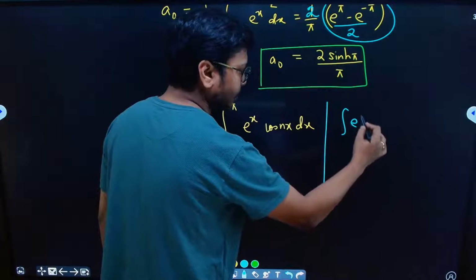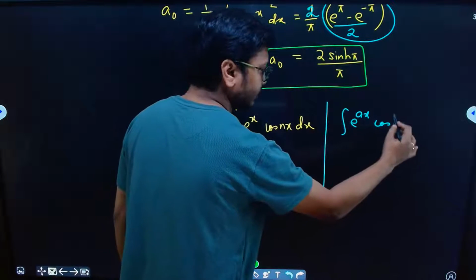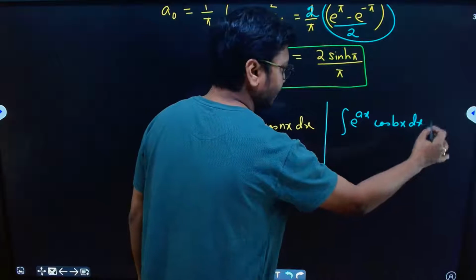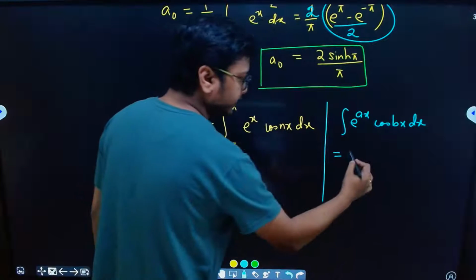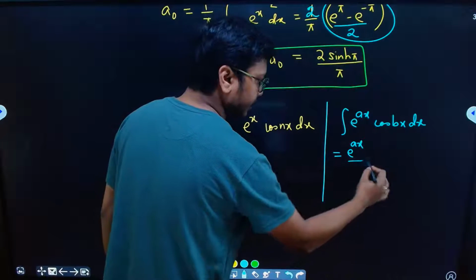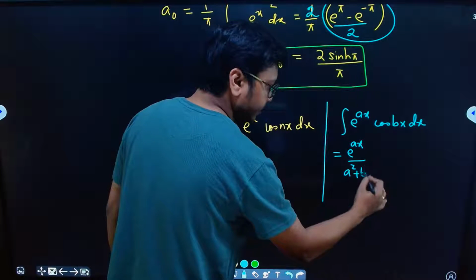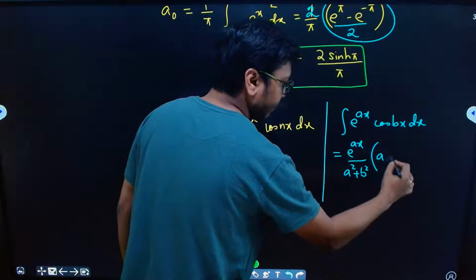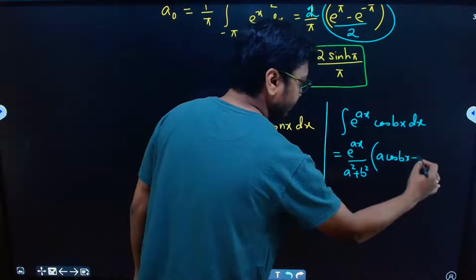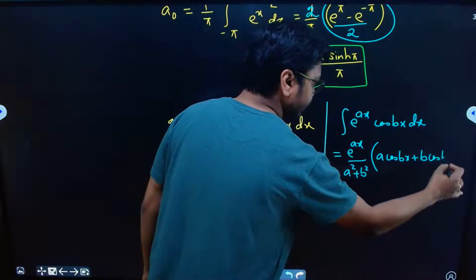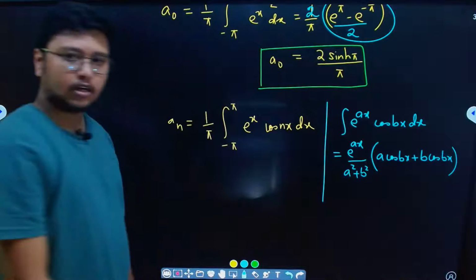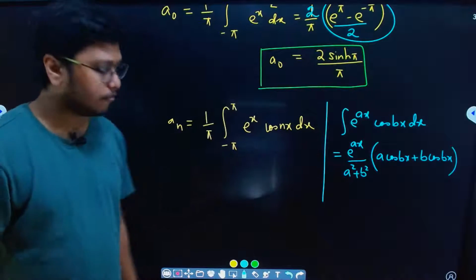If it is e to the power ax cos bx dx, the direct formula was e to the power ax by a square plus b square, a cos bx plus b sin bx. So I will use this direct formula over here.